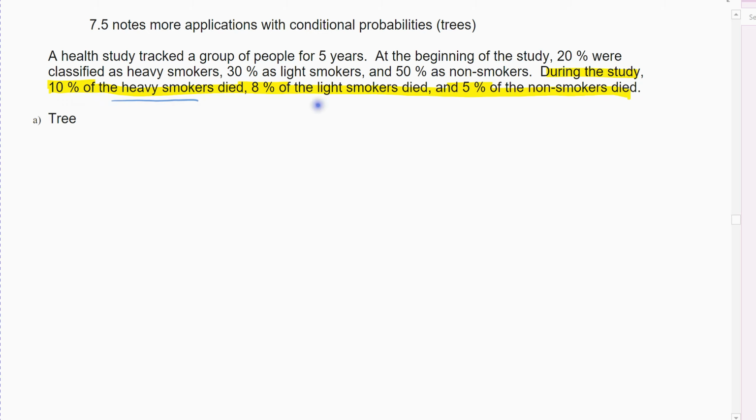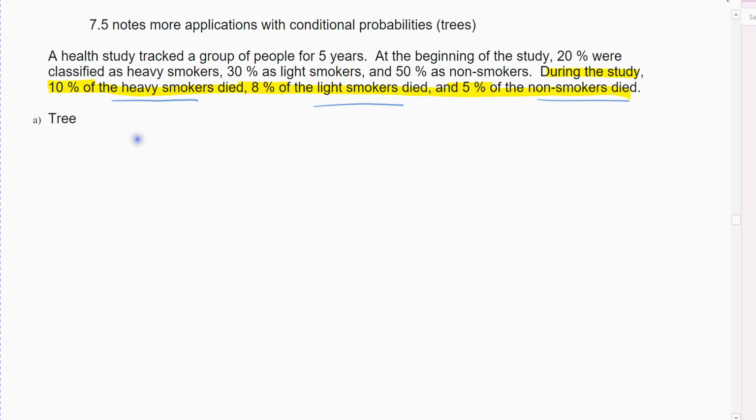This 8% represents just the light smokers. Given they were a light smoker, 8% of them died, and the light smokers were only 30% of the study. The last ones were the non-smokers. Given they were a non-smoker, 5% of them died during the study, which is our bigger group, since non-smokers were 50% of the study.